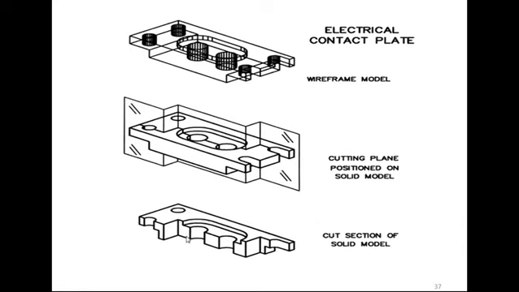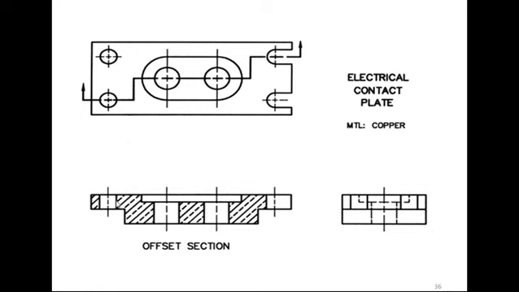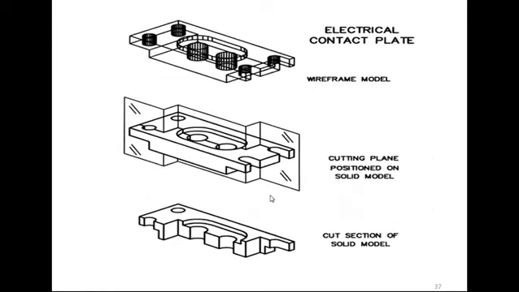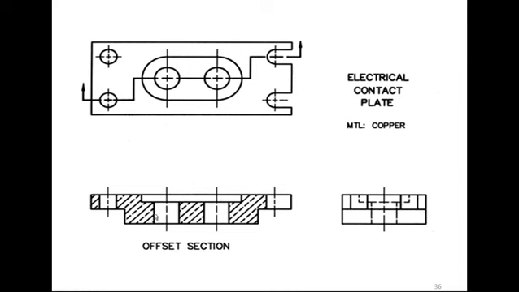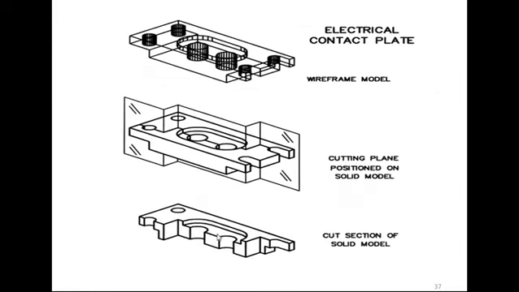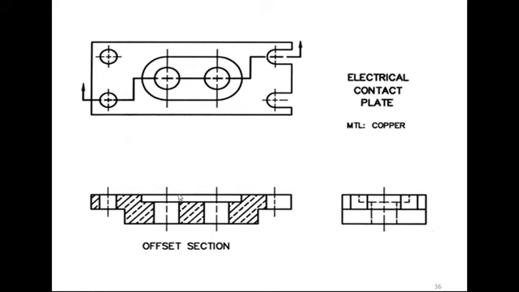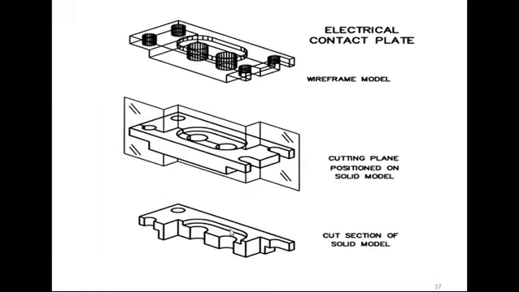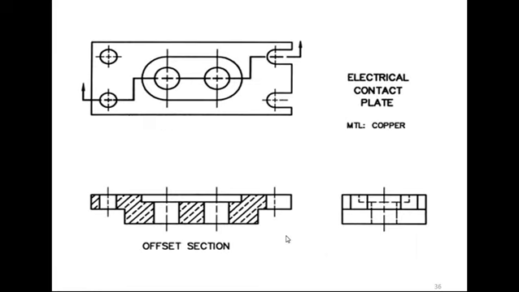And this is what we have actually drawn here. And whatever the solid parts, this is solid, this is solid, this is solid, this is solid, we have done the hatching. And this hole comes here, these two holes will come here, and this slot will come here. So like this we have drawn this offset section.